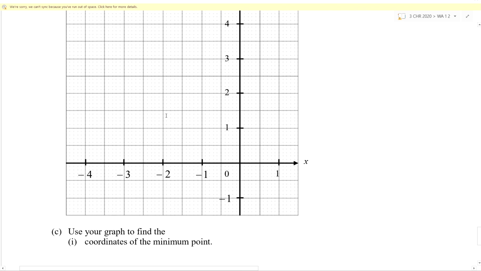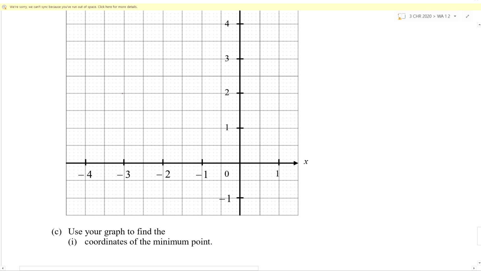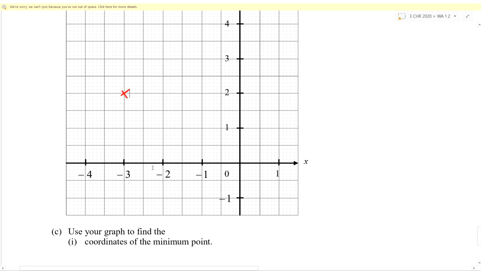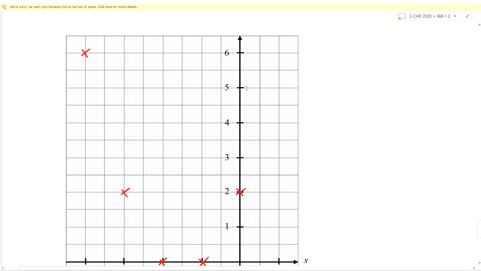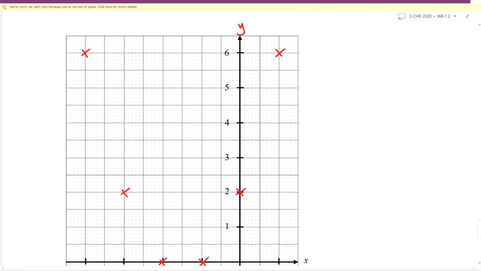X is negative 4. Y has a value of 6. X is negative 3. Y is 2. X is negative 2. Y is 0. And then it is symmetrical. So now we have to join them up.